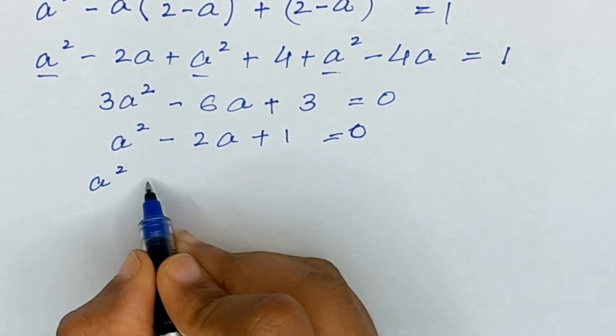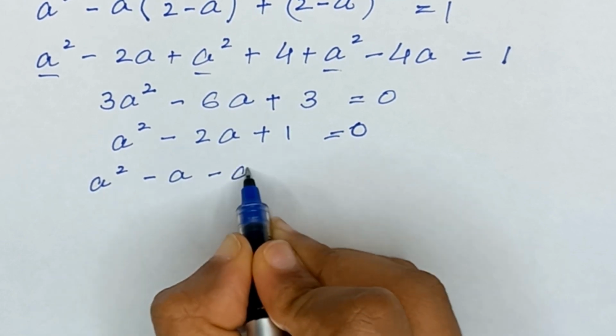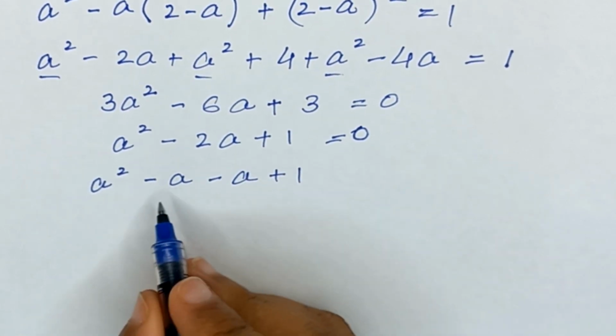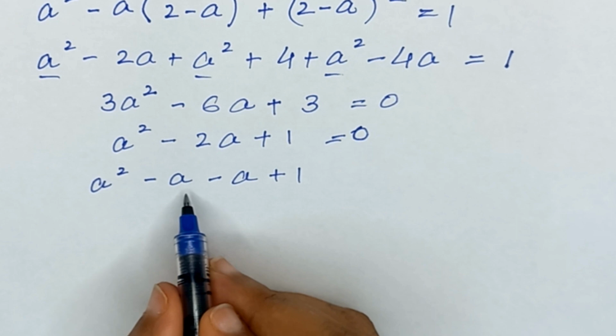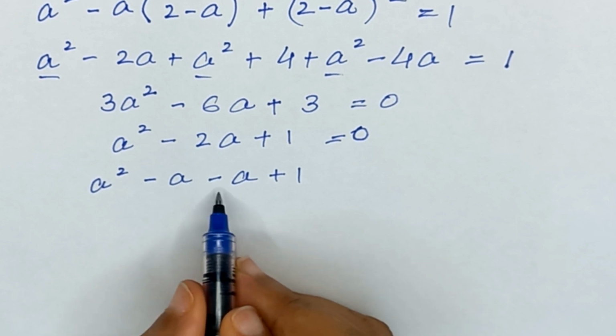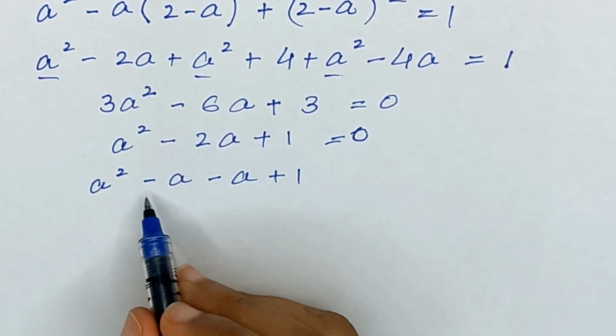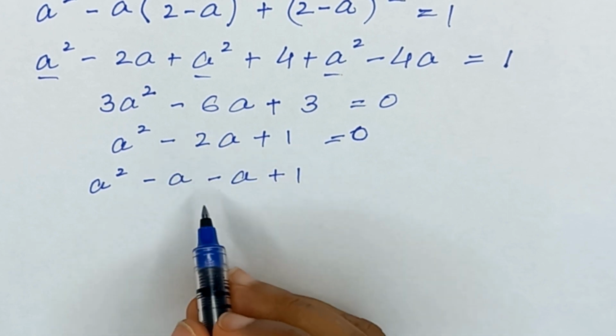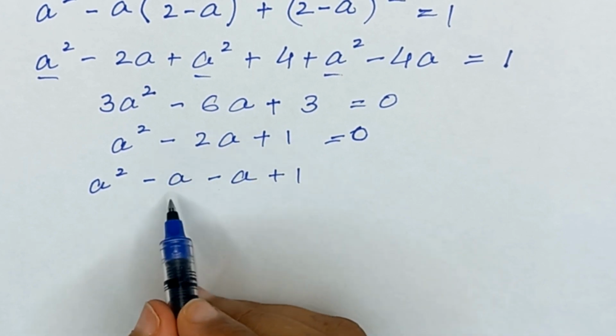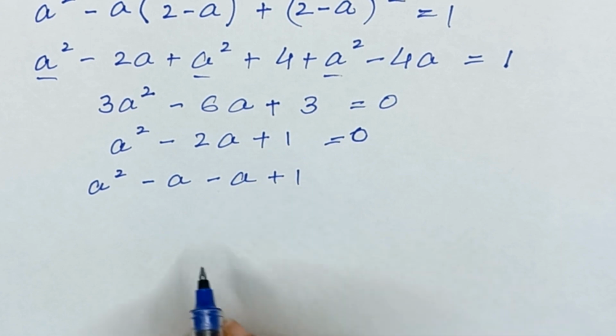So it will be a square minus a minus a plus 1, because minus 1a multiplied by minus 1a will be 1, and minus a minus a will be minus 2. That means the product is equal to 1 and the sum is equal to minus 2.